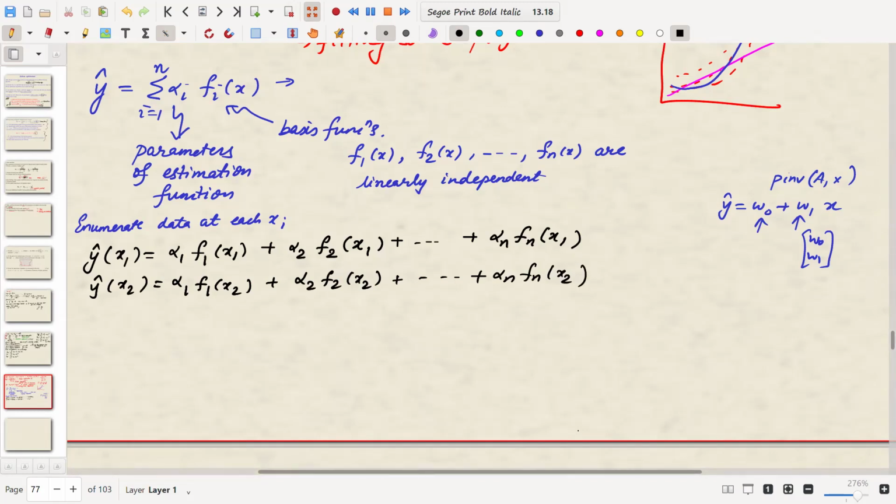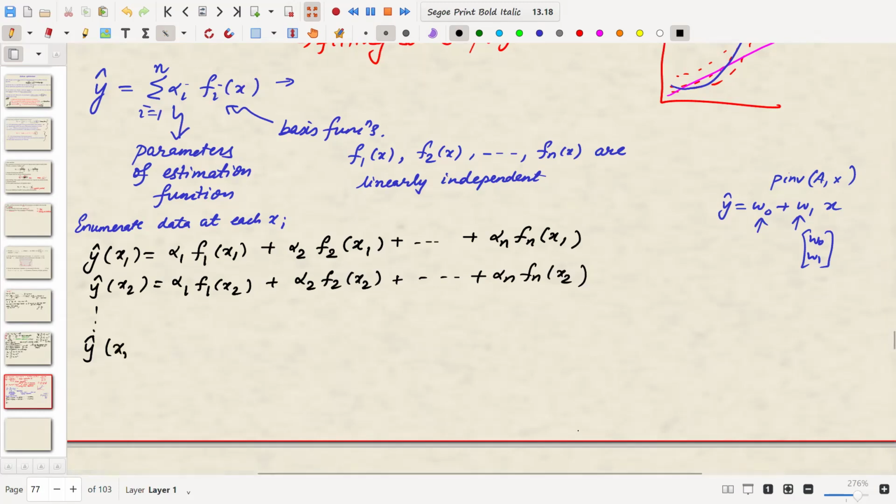Fine, so on till suppose you have xm points. It is not necessary that you have n number of points. The number of points in the data set and the number of basis functions can differ. Why should they have a correlation?